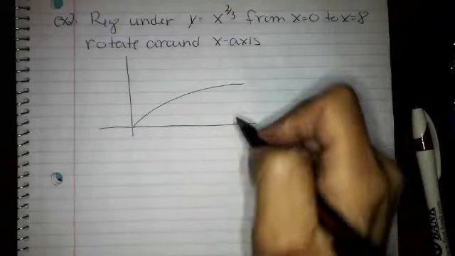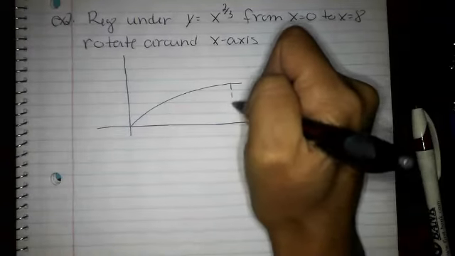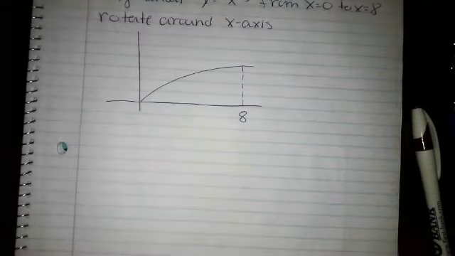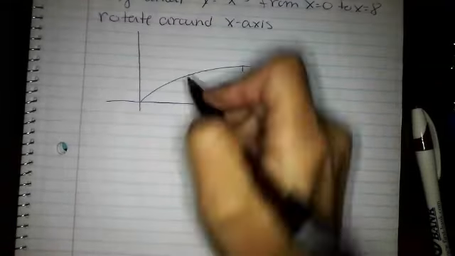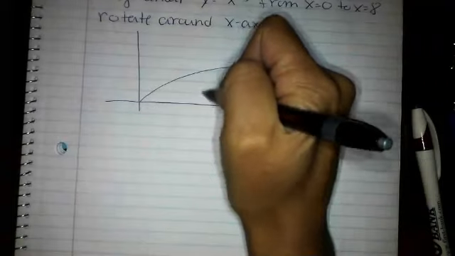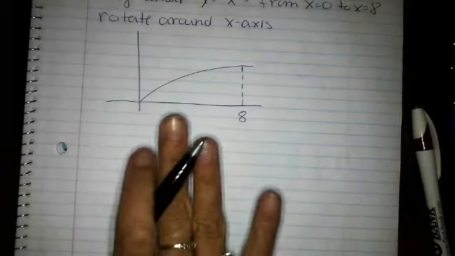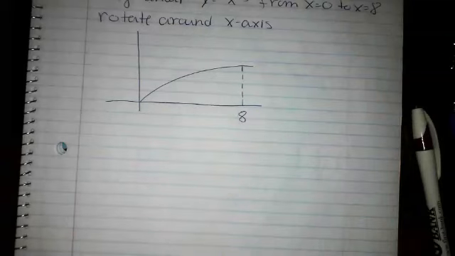And we're going 0 to 8. So we'll stop it at 8. Okay. I could absolutely do this with a perpendicular rectangle and do cylinders, but I want to practice the shell formula. So this one can be done two ways, and I'm going to do it the shell way.